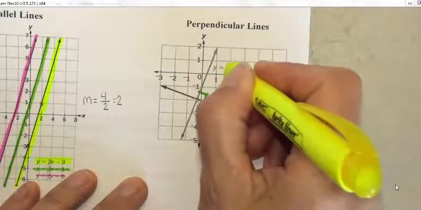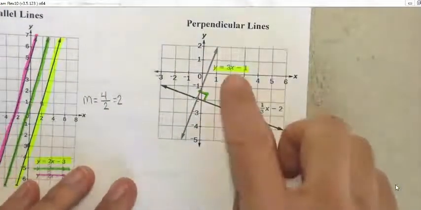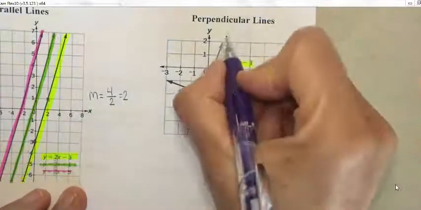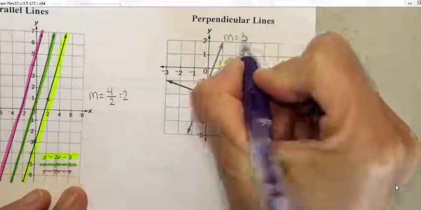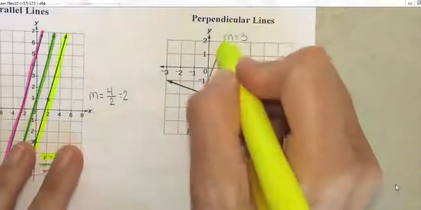So if I look at the slope of this first line, well, the slope here is 3. Okay, so let's see. I'm just going to put it up here. So the slope here is 3. And how about I highlight? Because color is always fun.